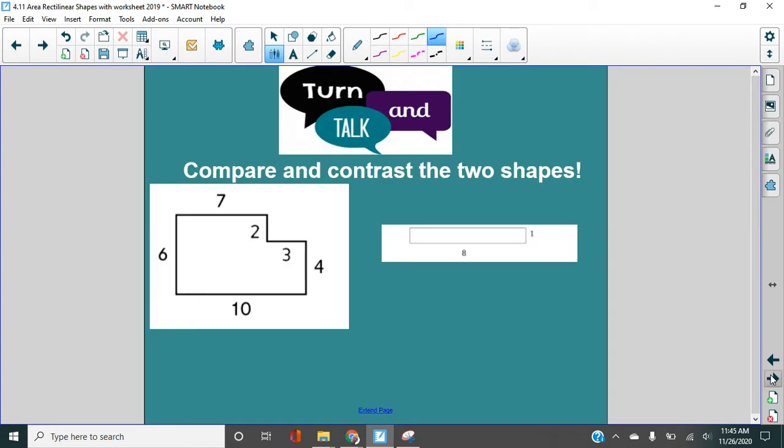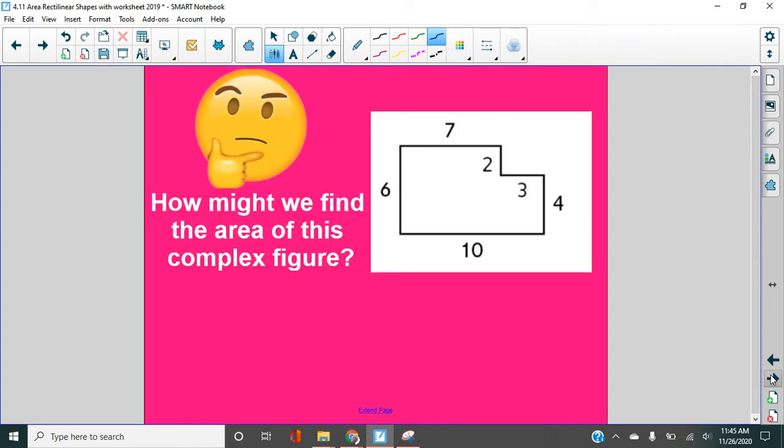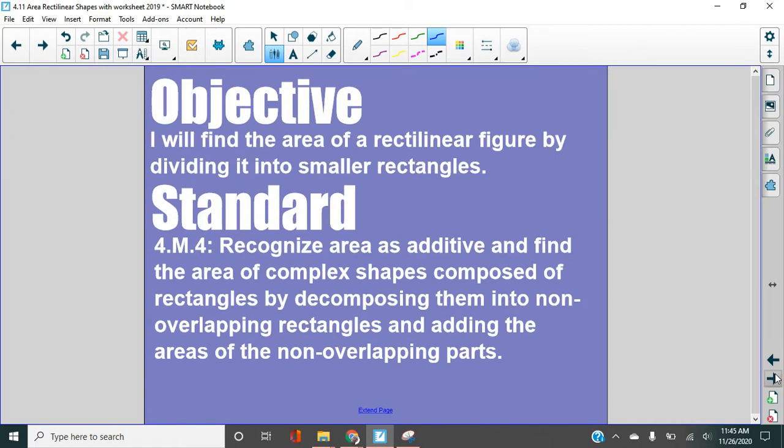So what could we do about finding the area of that thing? What are your ideas? What might we try here? All right, there's some ideas. I'm going to teach you how to do this. So our goal here, and this is going to have a hint into how we're going to do this, is I will find the area of a rectilinear figure by dividing it into smaller rectangles.